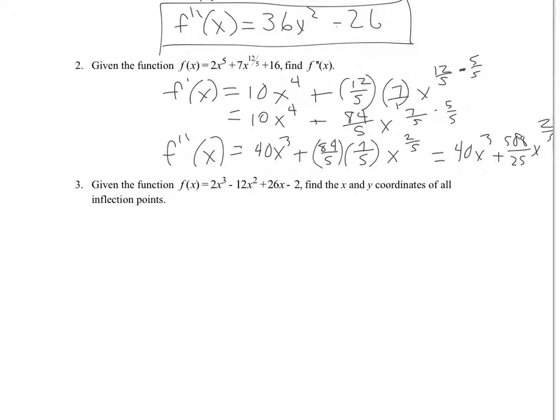All right, now we are going to do a little more than just find the second derivative on this one because we want to find the x and y coordinates of all inflection points. So the one that I showed you on the board a minute ago, we just identified the x value where the inflection points occurred.